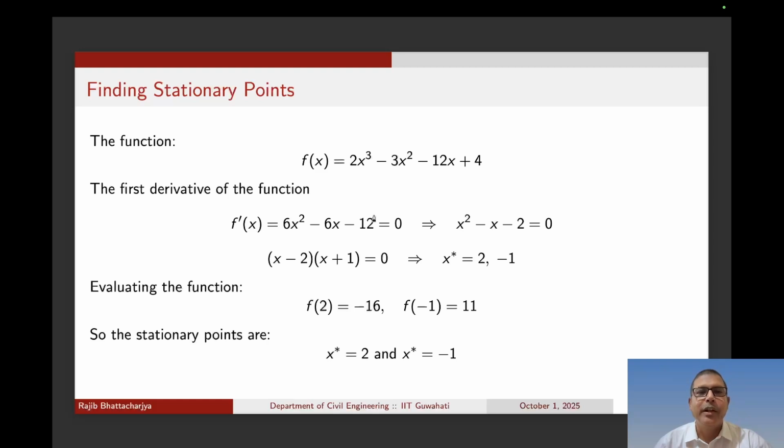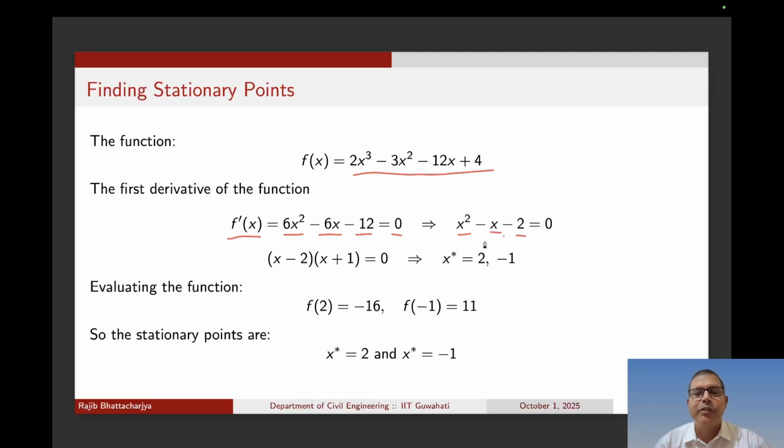So take the derivative. This is the original function, a cubical function. The first derivative is 6x square minus 6x minus 12 equal to 0. If I simplify, I will get x square minus x minus 2 equal to 0.